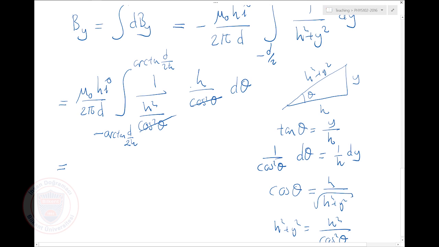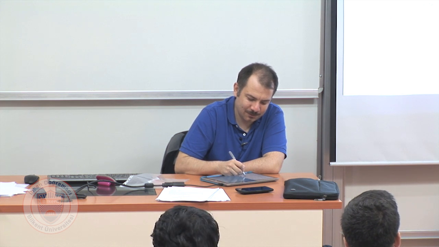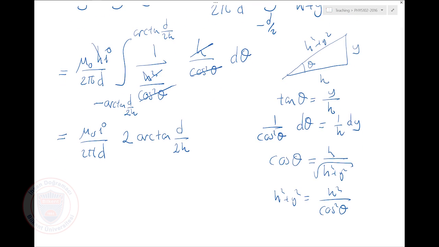Cosine squared theta is cancelled. H is cancelled. Mu 0 I over 2 pi d. And the integral becomes the simplest integral in the world, right? So overall, that just gives me 2 times arctangent d over 2h.